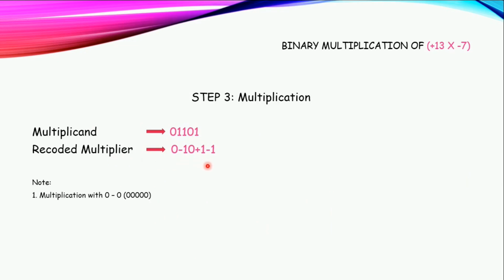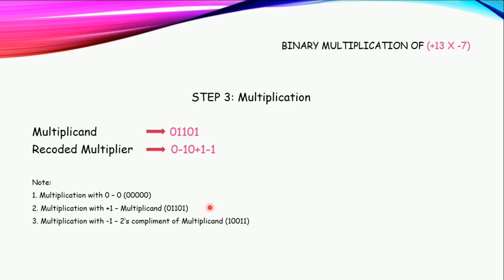This is my multiplicand and this is my recoded multiplier. Before going for multiplication, these are some basics related to multiplication of binary numbers. Multiplication with a recoded 0 or normal 0 results in 0. Multiplication with plus 1 results in the multiplicand itself.